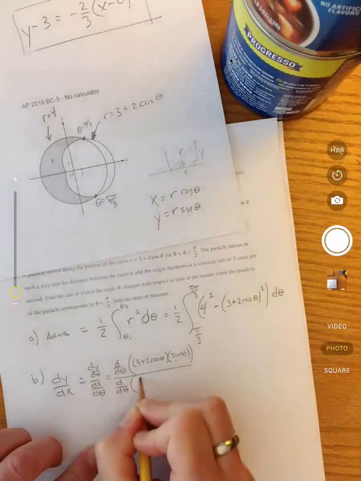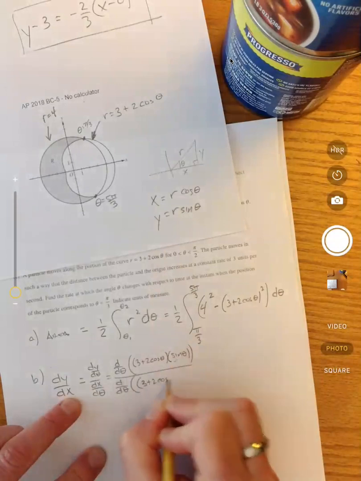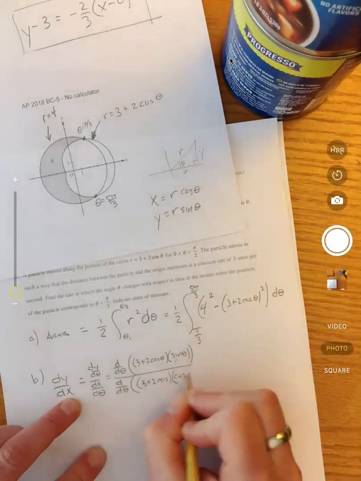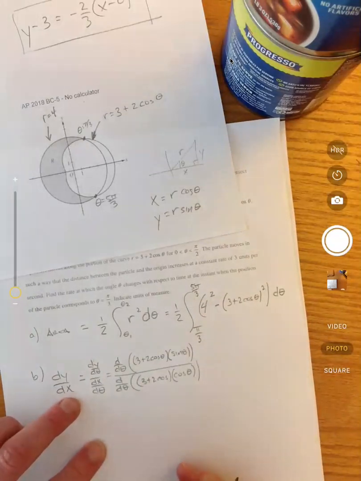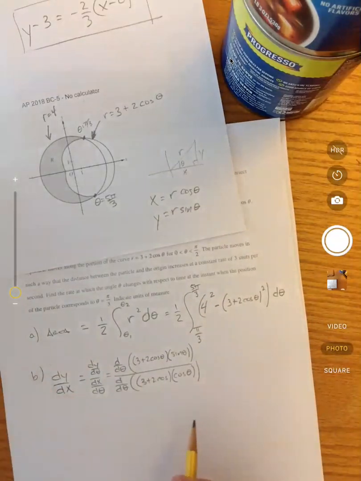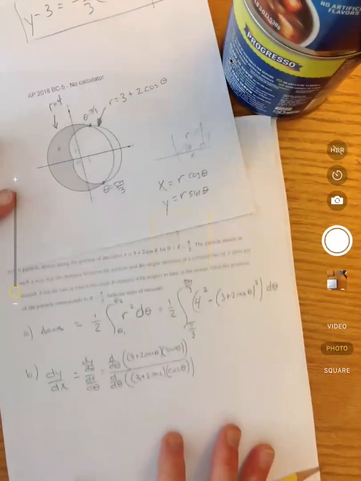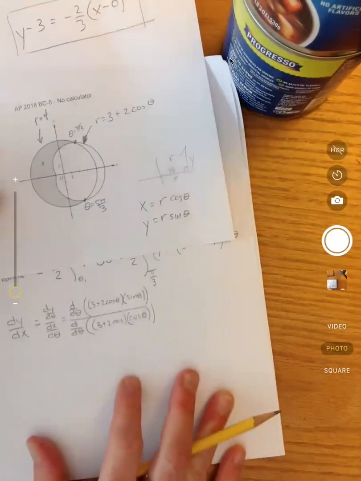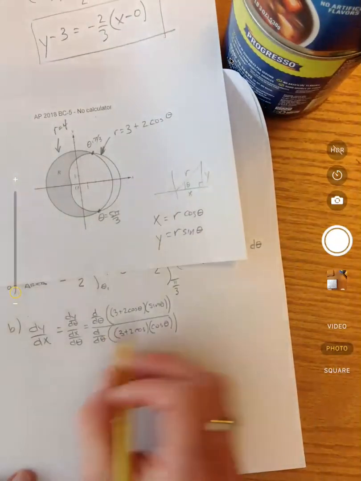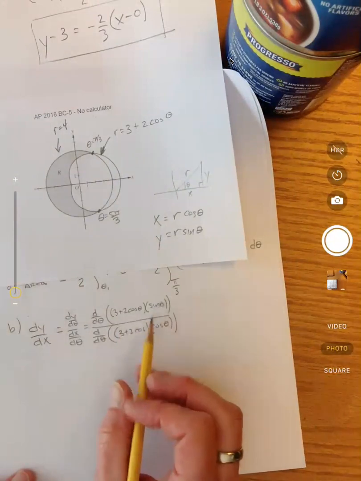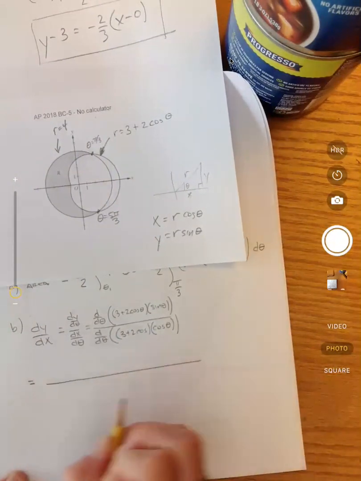Okay, so now the derivative of the x equation, r cosine theta, and I want to be doing this at pi over 2. All right, so this is something we didn't have to do before because we kind of cheated. So now I actually have to take the derivative there. So I have to do product rule. But it's not going to be that bad. You'll see in a second.